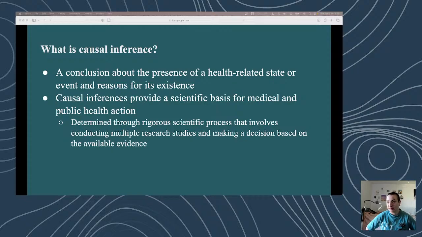Causal inference methods, how do we find it statistically, quasi-experimental design, can we look at policies as causes? So if this is interesting to you at all, I mean, if this entire class is interesting to you at all, we can talk about how to tap into that more in your futures. But causal inference is determined through a rigorous scientific process that involves conducting multiple research studies and making a decision based on the available evidence.